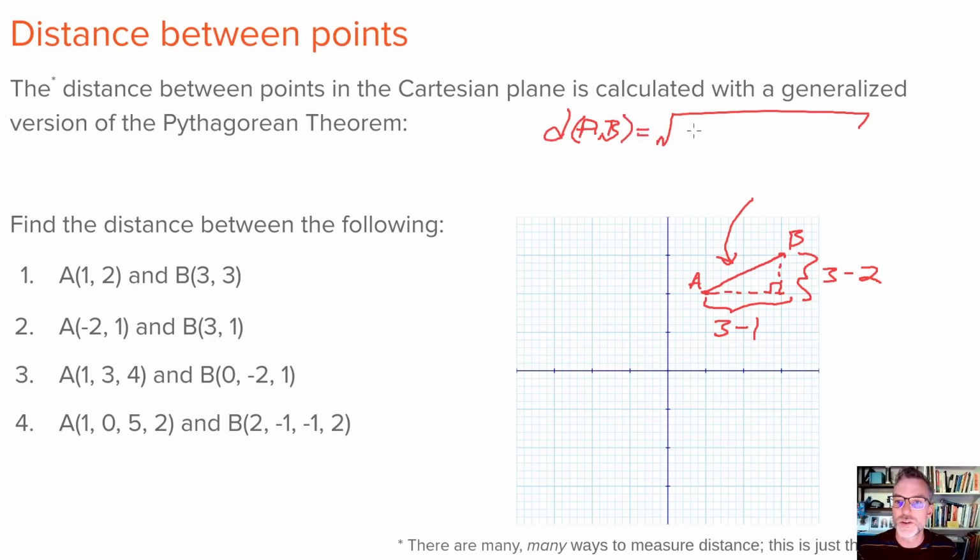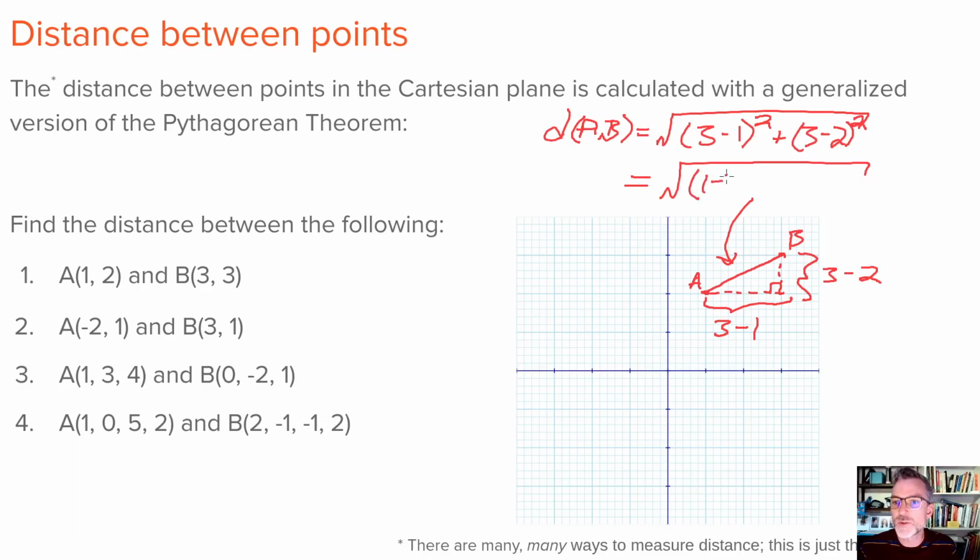that's just this, like that. And you notice that these are squared. So it doesn't really matter if I subtract the B coordinates from the A coordinates or the A coordinates from the B coordinates, right?